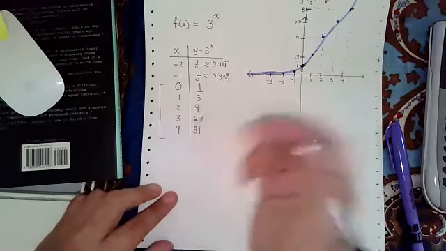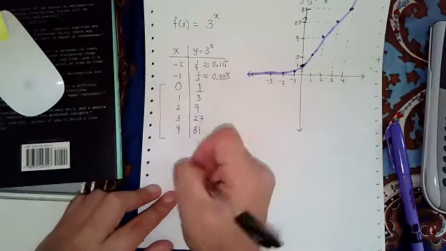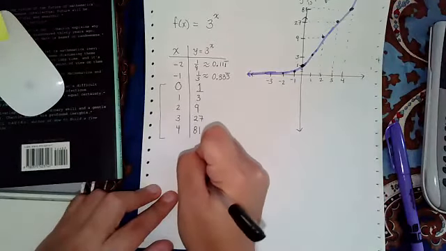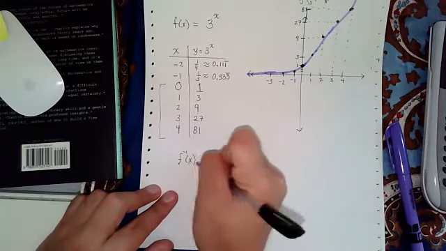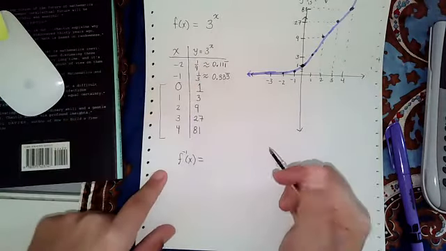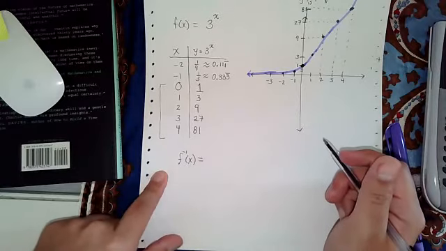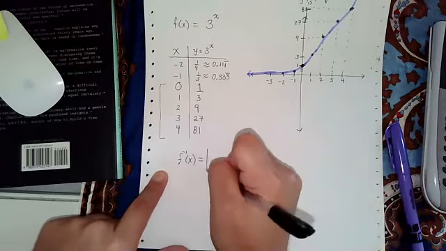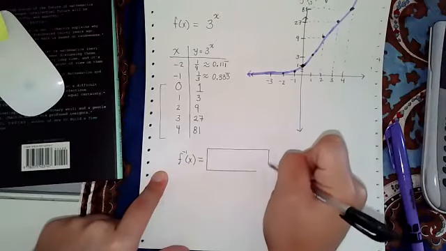Now for the inverse function, I'm going to call this f inverse of x. For this exponential function, I have no idea what the equation of its inverse is, or what to call it.